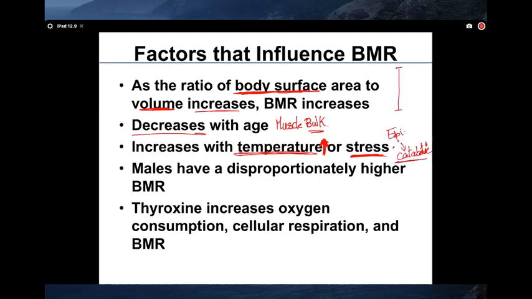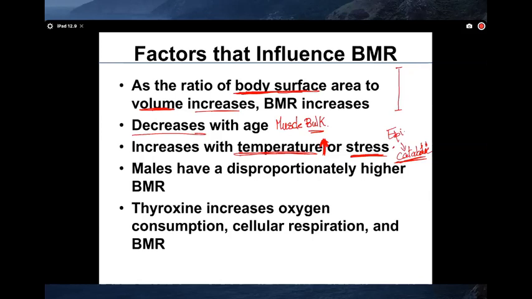It increases the heart rate, increases the respiratory rate, increases the blood pressure. All those are going to be increasing my energy needs to sustain the basic activities, increasing the basal metabolic rate.